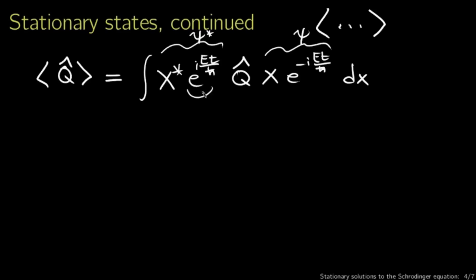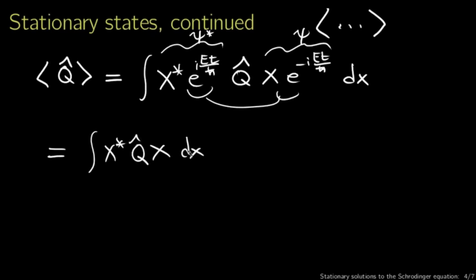And what that means is, as before, these two will just end up directly multiplied by each other, and you will end up with just 1 as a result. The integral of X star Q hat X dx will be what results. Again, the time part drops out if Q has no partial time derivatives, which is true for basically all of the operators we'll meet.